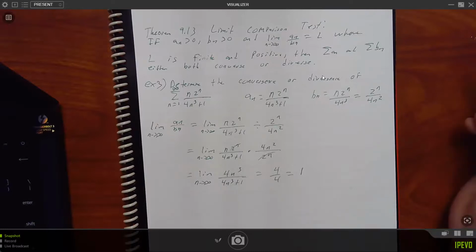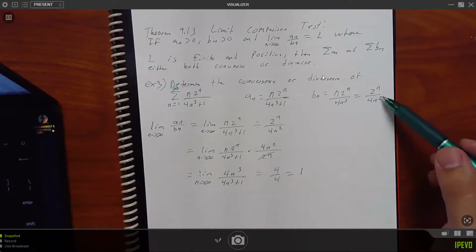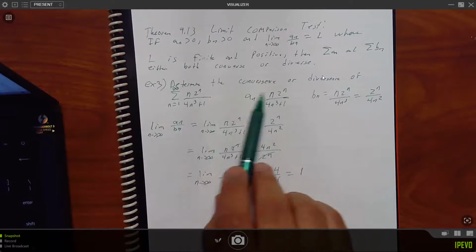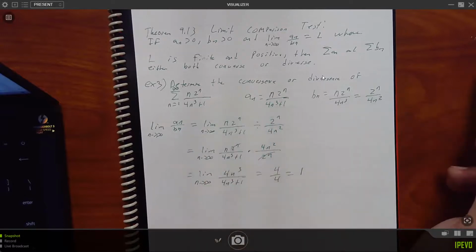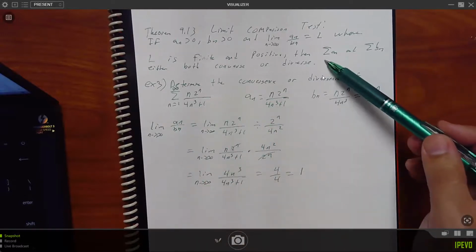Okay, so we need to know what b_n is doing. Does this converge or diverge? If we know what this is doing, then we know what this other one is doing, right? That's what this limit comparison does.